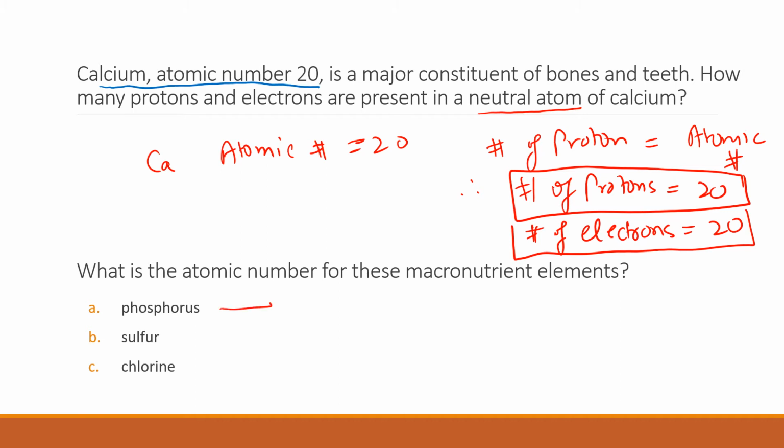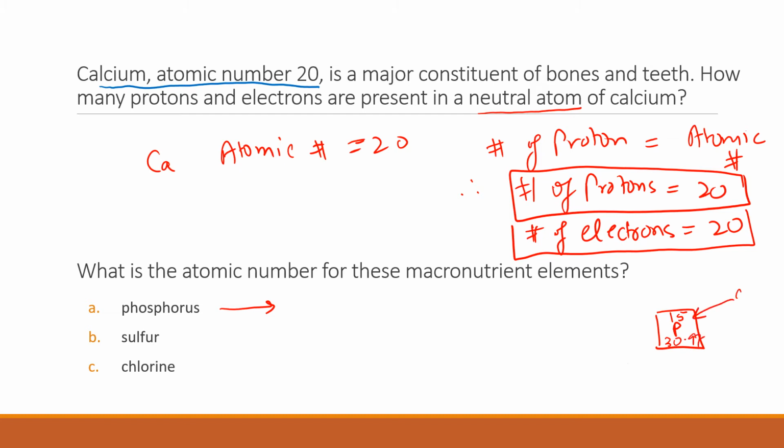So phosphorus: if you look at the periodic table, it has boxes of elements, and in the box, whatever number is written on top, for example for phosphorus, the top number is 15 and the bottom number is 30.97.